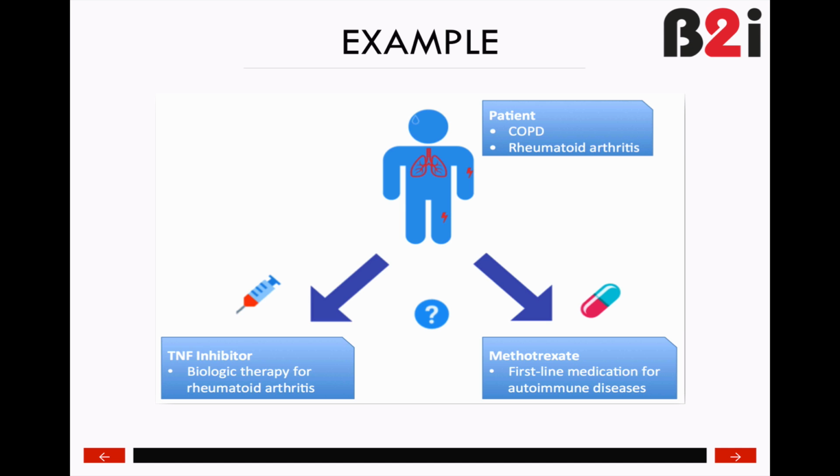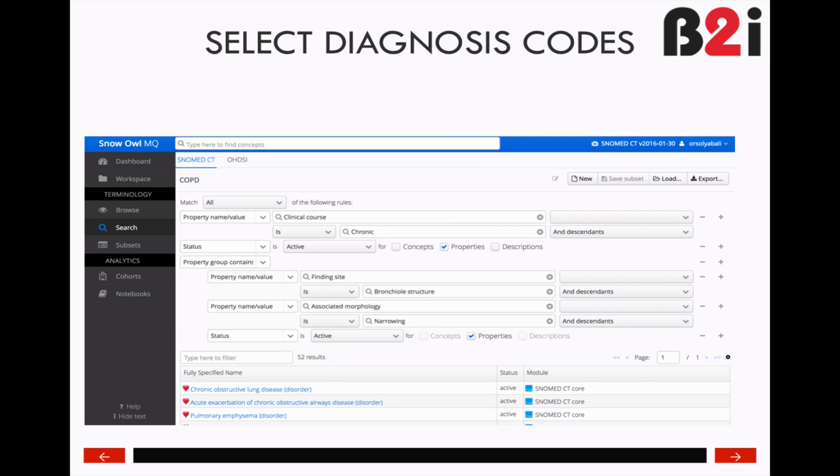Using SnowMQ, this question can be answered in 3 simple steps. Firstly, you need to select all the diagnosis codes that are of interest. Find all the disorders in your clinical terminology that are similar to COPD, so patients with similar conditions can also be examined.